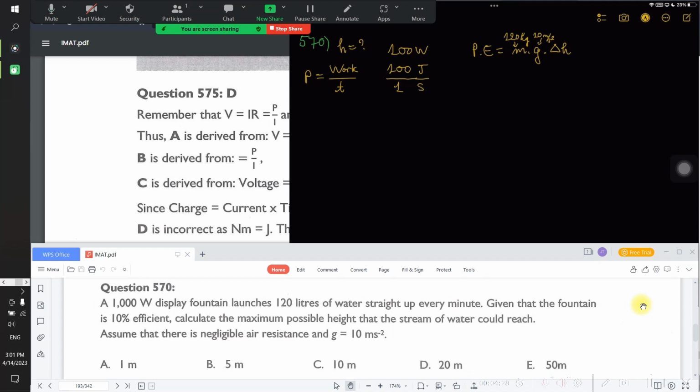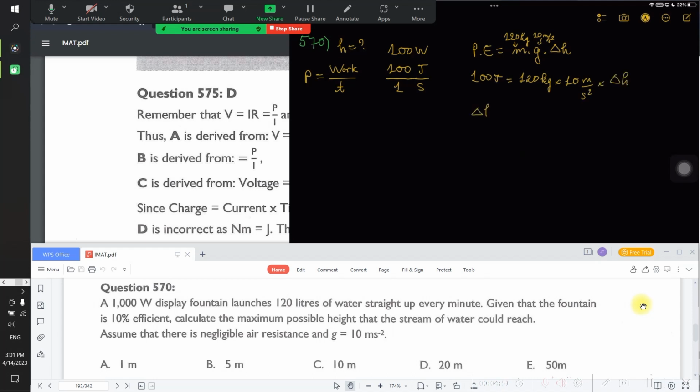Okay. The maximum possible height. So if you plug it in, 100 joule of energy equals 120 kilograms times 10 meter per second square times delta H, isn't it?